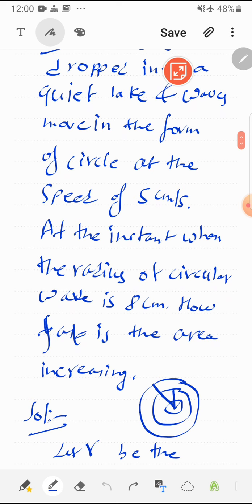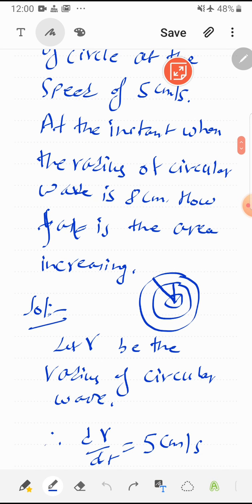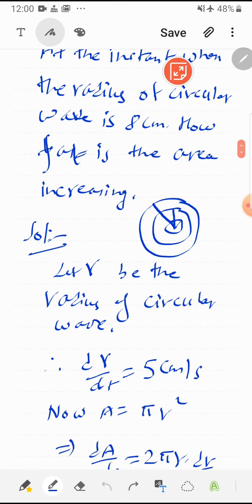So obviously area is increasing, that means the radius of the circle is increasing, and this speed represents the rate of change of radius. This is a very important point in this question. So let r be the radius of the circular wave. dr by dt is 5 centimeter per second.